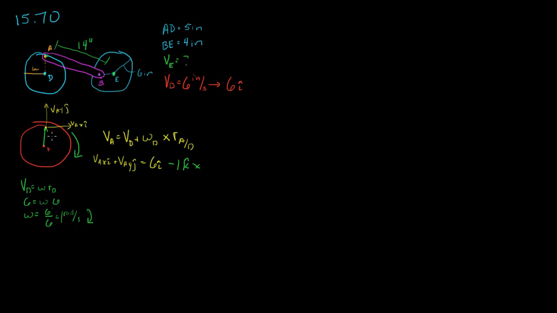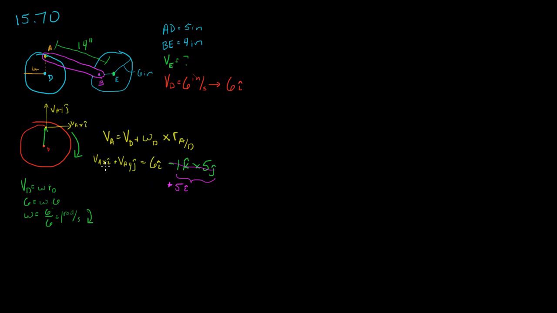So if we're going straight up, we're going up 5 inches, so it's going to be 5j. Now if we compute this cross product right here, we're going to have a minus 1 times 5 of a k cross j, and k cross j is a minus i. So we're going to bring that minus sign out here, and we're going to have a positive 5i.